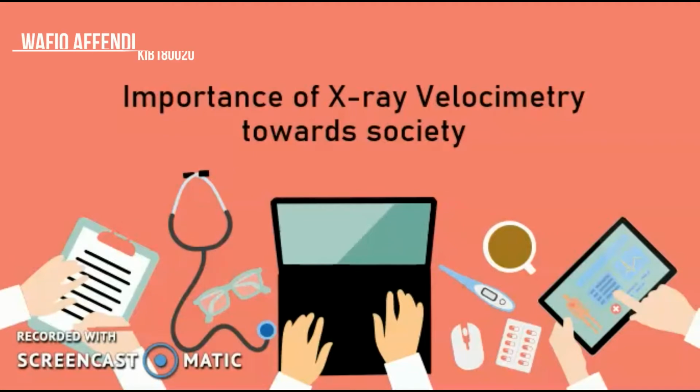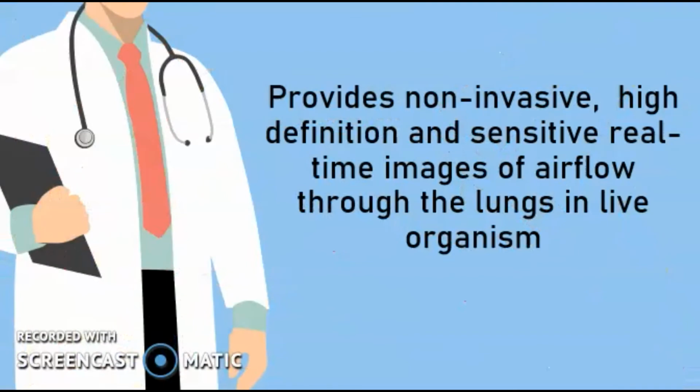This is the importance of X-ray velocimetry towards society. First, it provides non-invasive, high-definition and sensitive real-time images of airflow through the lungs in live organisms. Current techniques for imaging the lungs, such as magnetic resonance imaging (MRI) or positron emission tomography (PET), lack either the spatial resolution to resolve airway and alveolar structures, and often require the use of contrast agents such as radioisotopes or relatively high radiation doses, which is invasive and increases the risk to the patient.